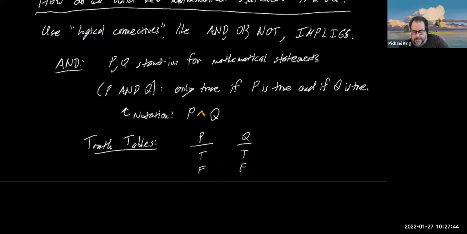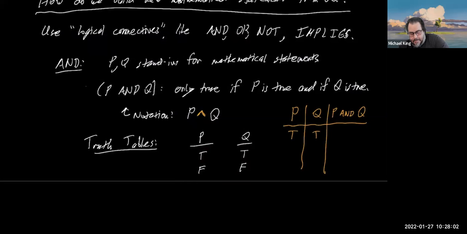And so what we end up doing is we make a table like this. P and Q. And I need to do all those four possibilities. So true, true is a possibility, true, false, false, true, false, false. Those are all the possibilities, right?